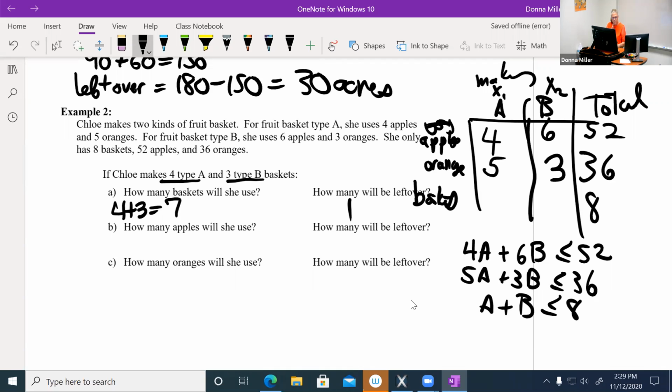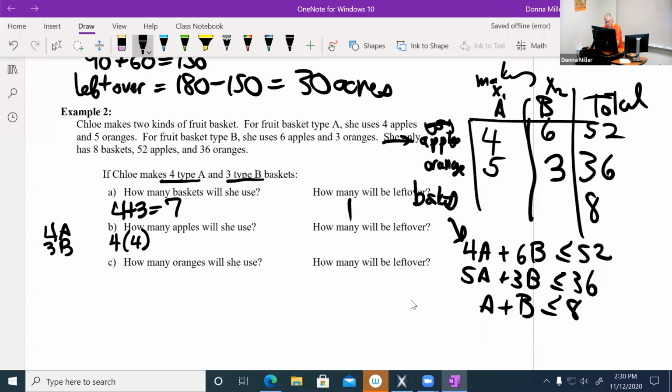All right. Now, let's talk about apples. Apples will be this row right here. So how many apples? 4 type A and 3 type B. If I have 4A, I'm going to use 4 apples per each one of the 4 baskets, right?